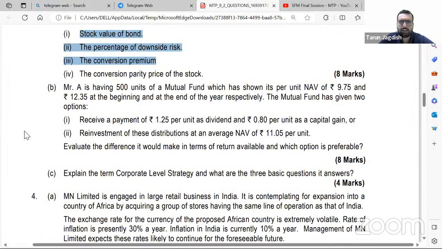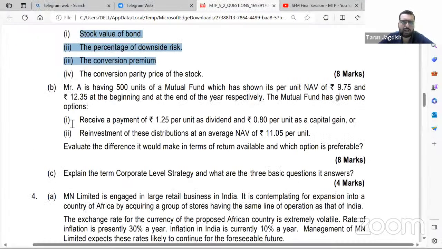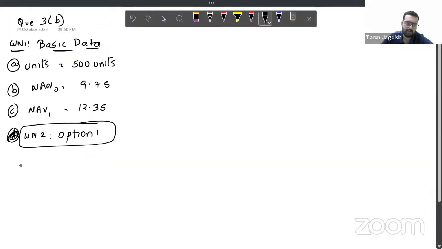Okay. The mutual fund has given two options, so we need to analyze these options separately. I'll write down working note number 2, option 1. What happens in option 1 is they receive a dividend of 1.25 and 0.80 as capital gain. So let us do that.